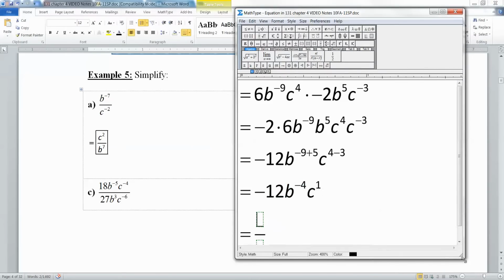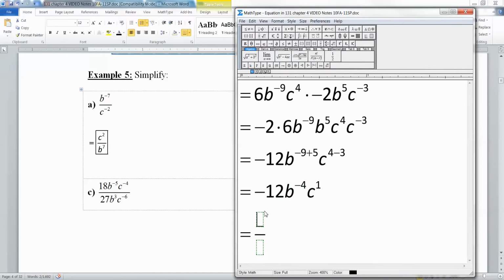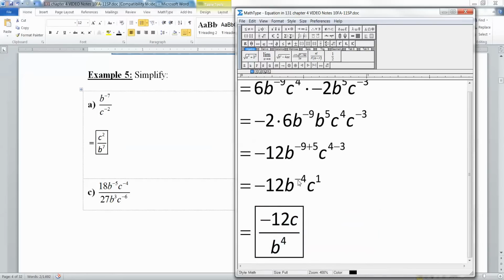Only the negative powers move down to the denominator. But negative numbers just sit where they are. And of course, we never bother with writing an exponent of 1 because it's annoying. We're lazy, so we will just write C. And then the 12 stays there because it's just a negative 12, that's fine. But the b to the 4 is a negative power. Negative powers go to the denominators.